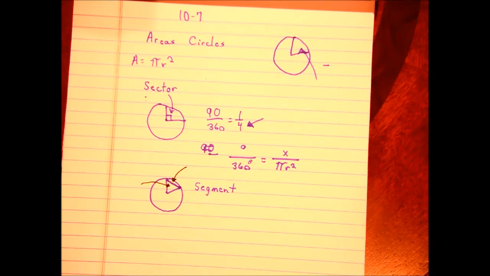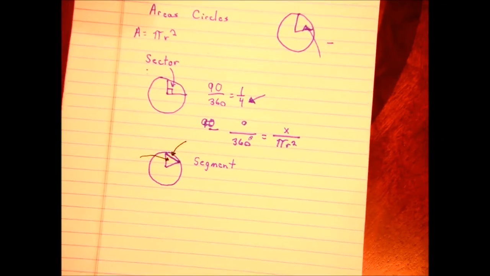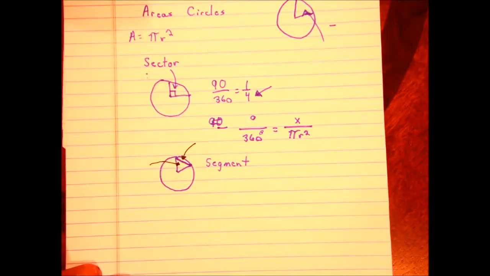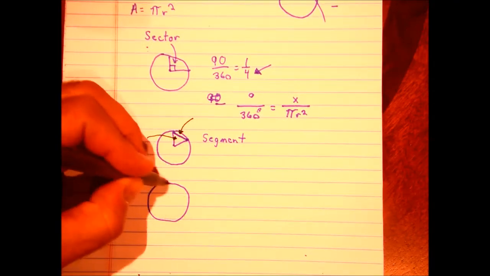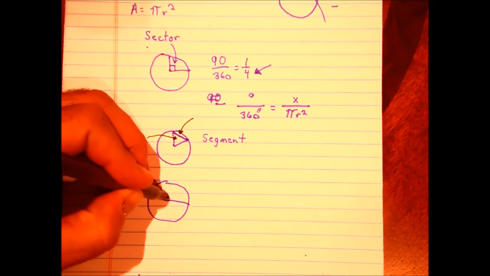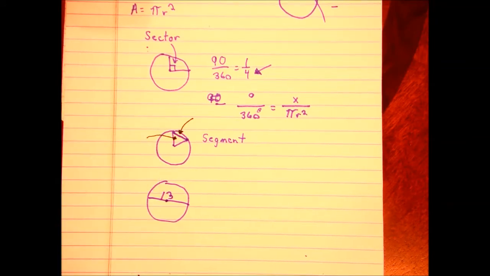All right, so let's do a basic problem. One of the basic problems would be, let's find the area of a circle. Simple enough. So I'm going to draw a circle. I gave you a measurement.